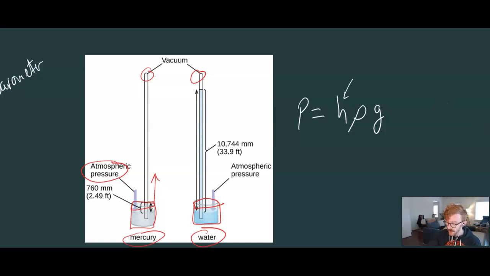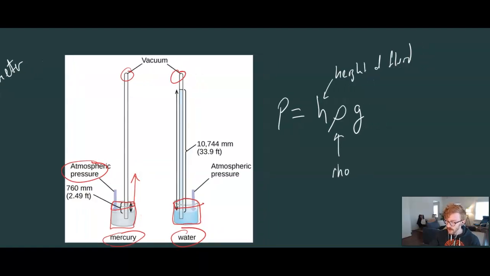H here is the height of the fluid, and we can also think about the height displacement of the fluid. Rho, spelled RHO, is a typical Greek letter used for density, and this is where the density of the liquid comes into play.